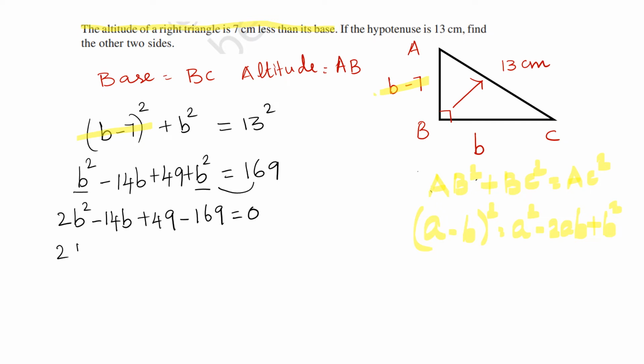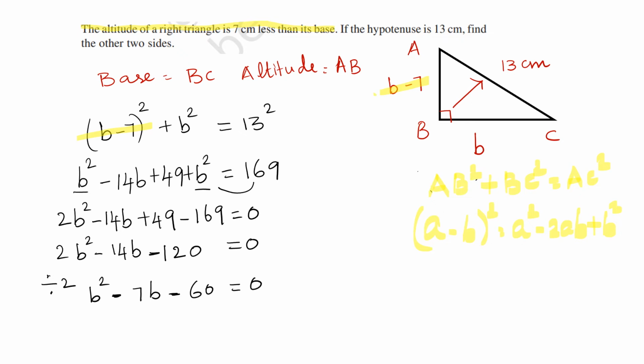So 2b² − 14b, minus, what you will get, the answer is 120, equal to 0. Divided by 2 throughout, you will get b² − 7b − 60 equal to 0.